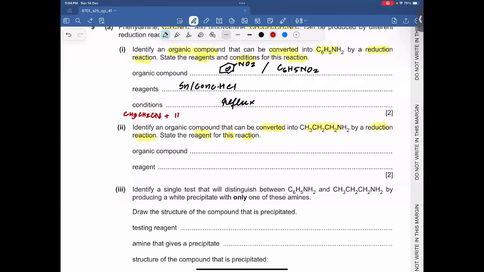And when you treat it with hydrogen in the presence of nickel catalyst, it undergoes reduction to give amine. So CH3, CH2 will remain as it is, और जो CN है वो convert हो जाएगा CH2, NH2 में, and that's the compound given in the question. So organic compound has to be this. That's propane nitrile.